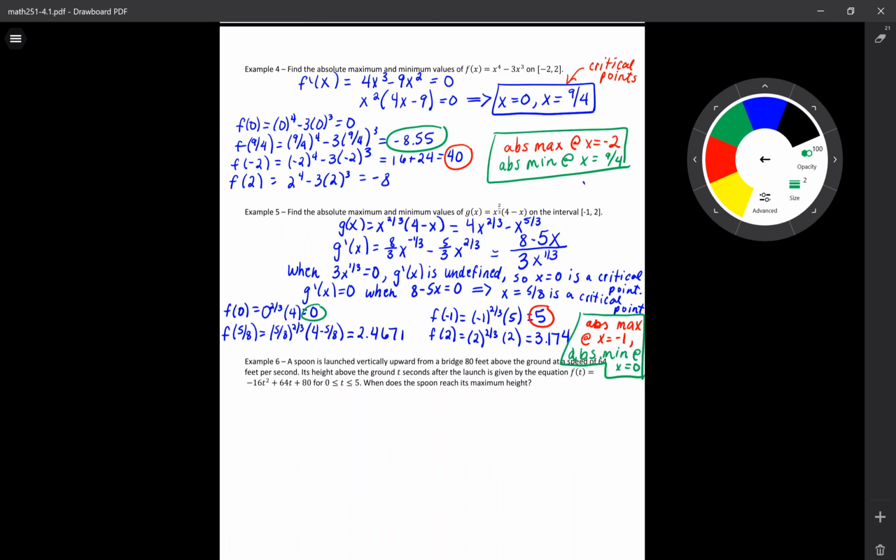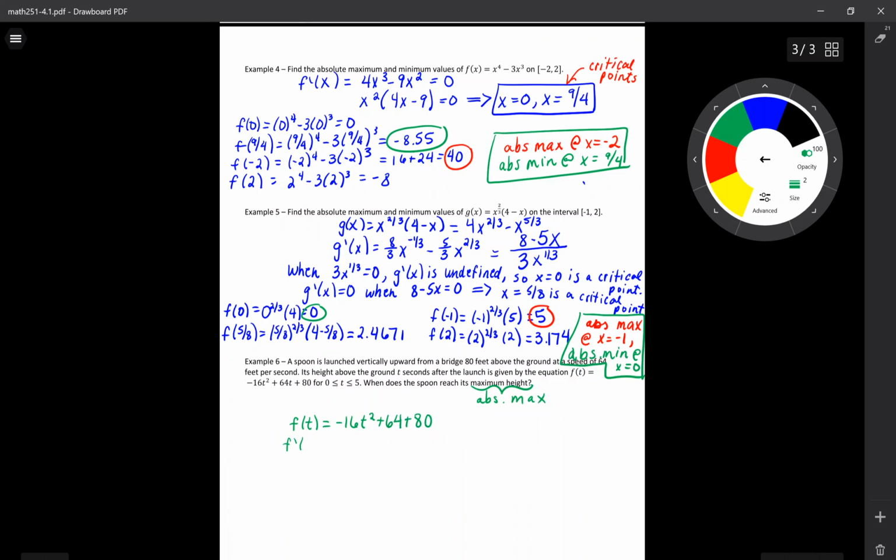So I need to find the derivative of this, set it equal to 0 to find my critical points, test the endpoints, and then see when I have this maximum height. So another way to think about this maximum height is the absolute max. So my function here, f of t, is equal to negative 16t squared plus 64t plus 80.